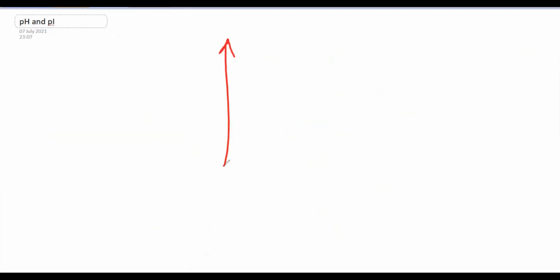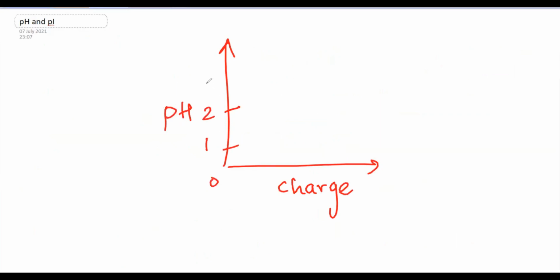A titration curve is a plot of pH versus charge. Here the pH values will be 0, 1, 2 and so on. Every amino acid has a characteristic PI, correct? So the typical curve looks like this.